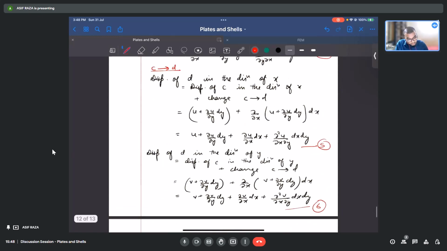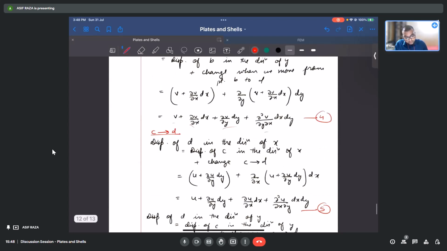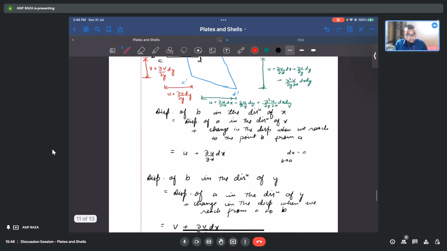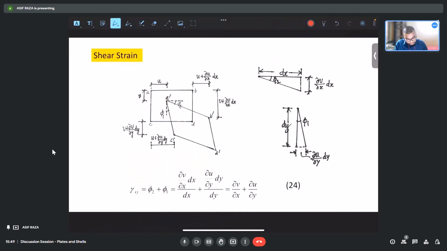Similarly 4 and 6, ∂v/∂y, ∂v/∂x, they are one and the same, so it's correct. So this is what I wanted to show. Okay, what next?